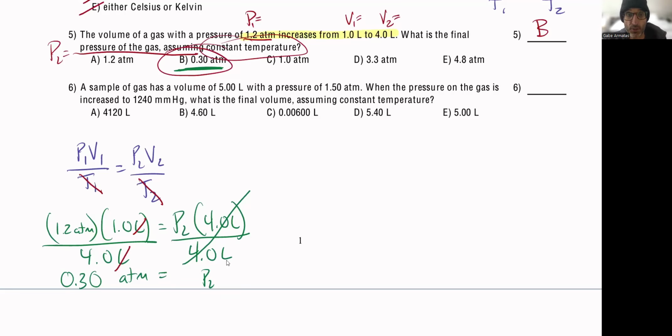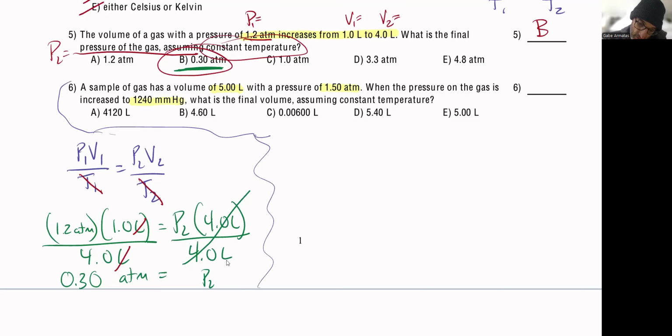When you see a situation where you have a change in temperature, pressure, volume, you're using the combined gas law. So for the next one, a sample of gas. A sample of gas has a volume of 5 liters with a pressure of 1.5 atmospheres. When the pressure of the gas is increased, we've increased the pressure.